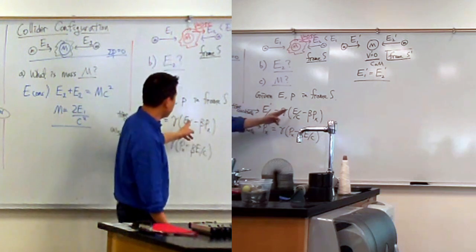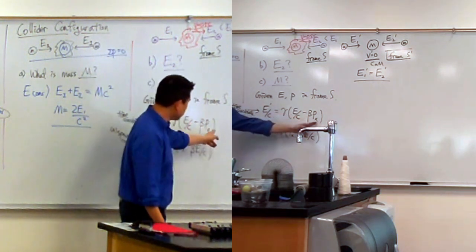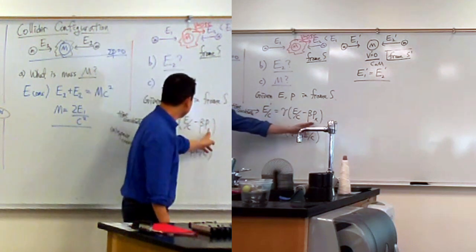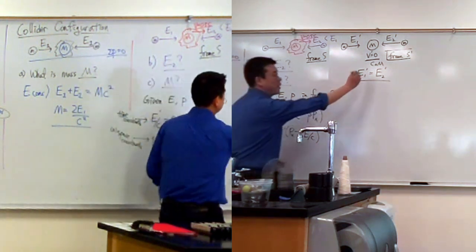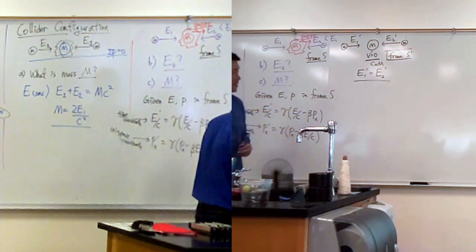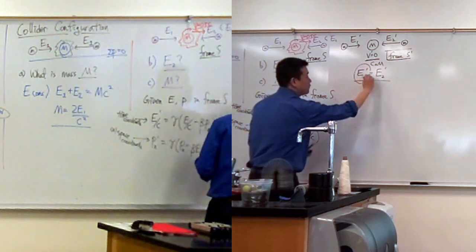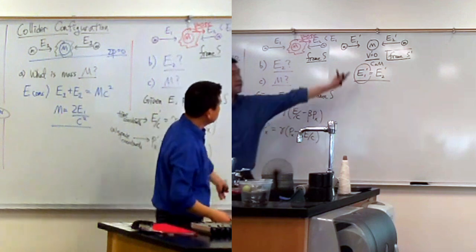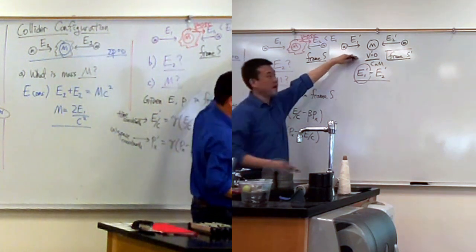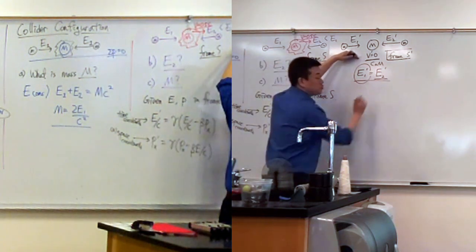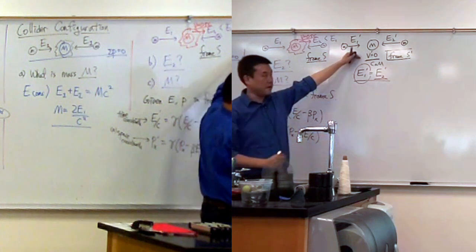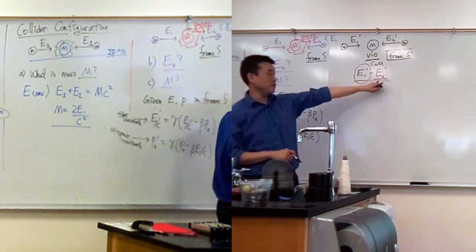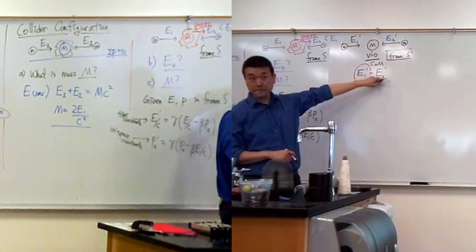And because I know these two, I can plug those in to get what the energy E1 prime is in the S prime frame. Then in this easy reference frame, I can figure out what E2 prime should be. I can write down the momentum 4 vector that corresponds to E2 prime.